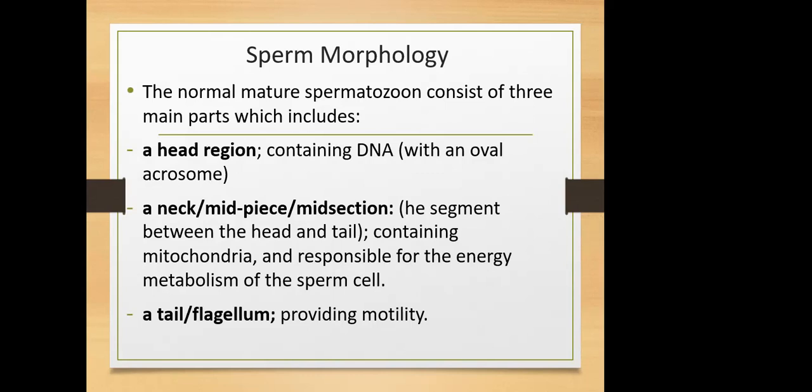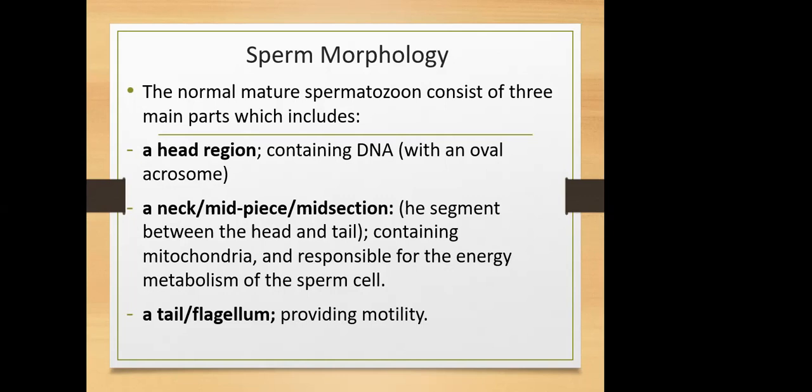So for purposes of an overview, we say that the head contains the DNA. All of us know about it. And it normally has an oval acrosome, that's the cap from the Golgi bodies that will surround the nucleus. All right, so that will all be part of the head.